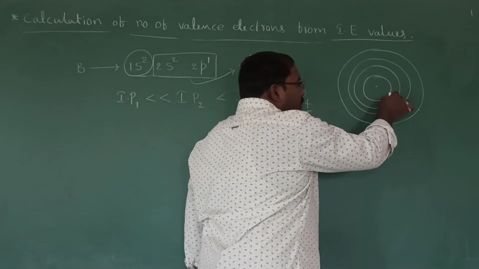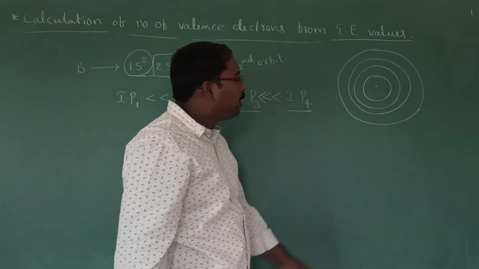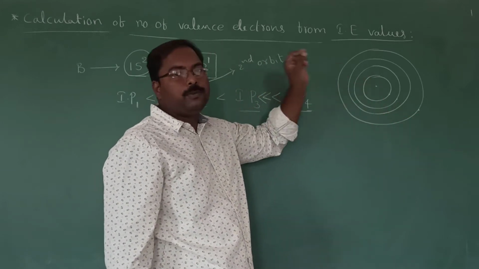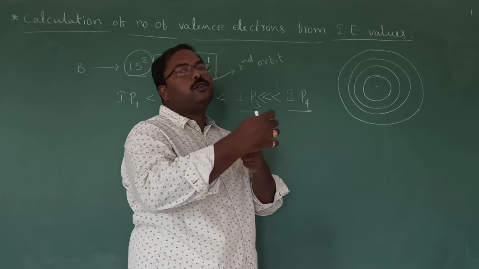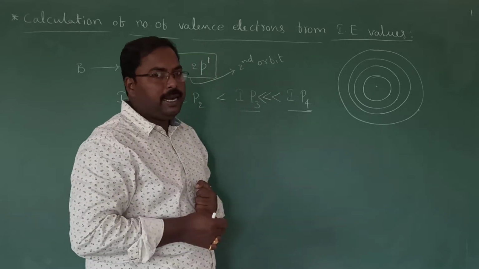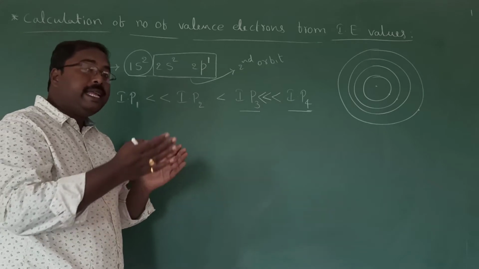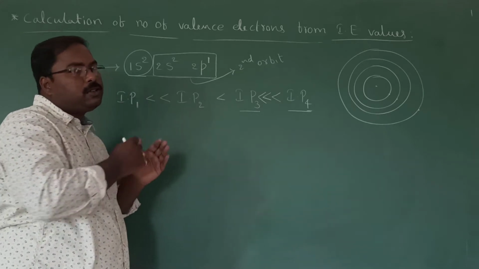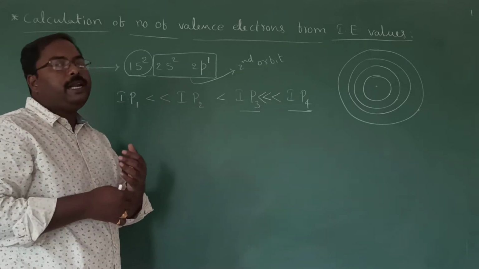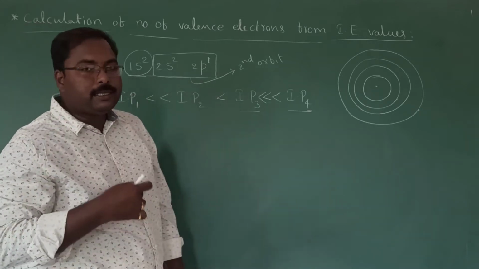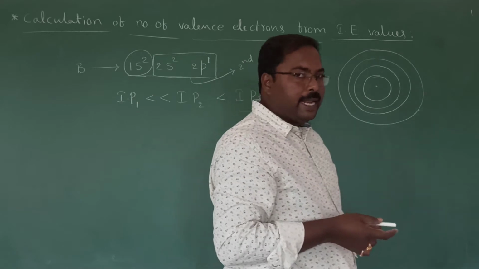It is very difficult to remove from the first orbit because it is closer to the nucleus. Compared to the outermost orbit, the inner shells are closer to the nucleus, so removing an electron from the inner shell requires a large amount of energy.